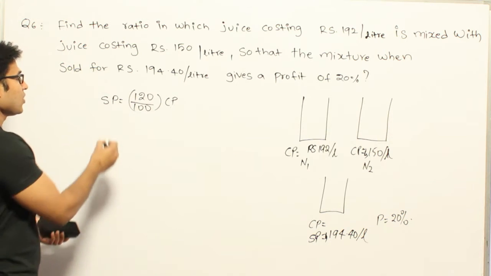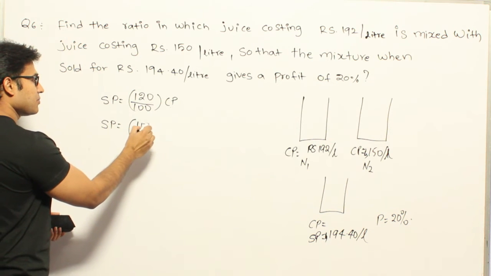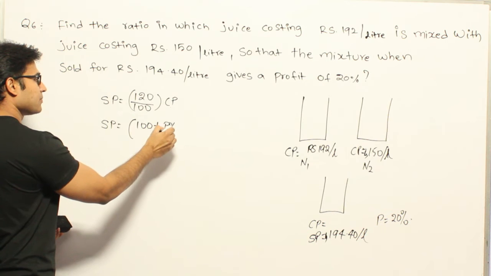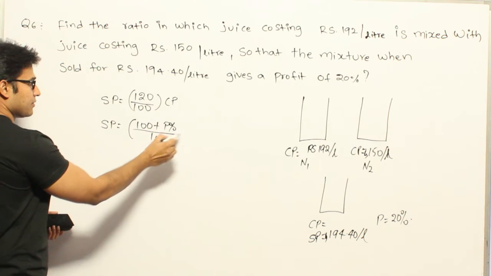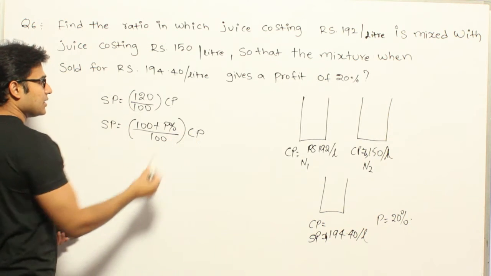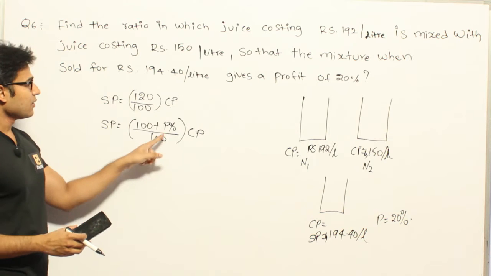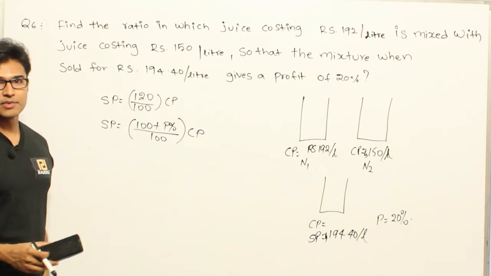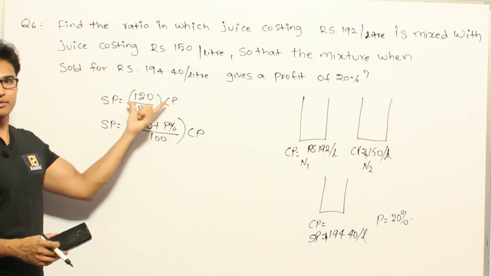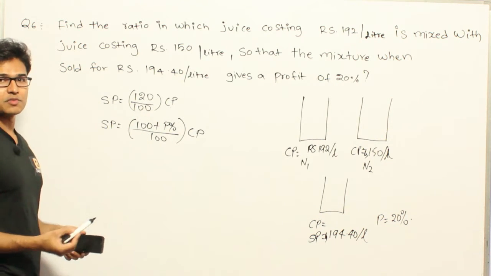The other way is, we already know that the formula for selling price is (100 plus profit percent) divided by 100 into cost price in case we make a profit. In case we make a loss, it is (100 minus loss percent) divided by 100 into cost price. Now in this profit percent, if you place 20, you are going to get the same thing. Intuitively you can feel that this is the right one, right? Okay, now from this you are supposed to find out the cost price.